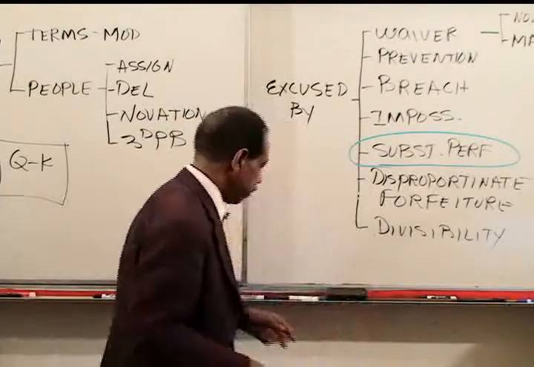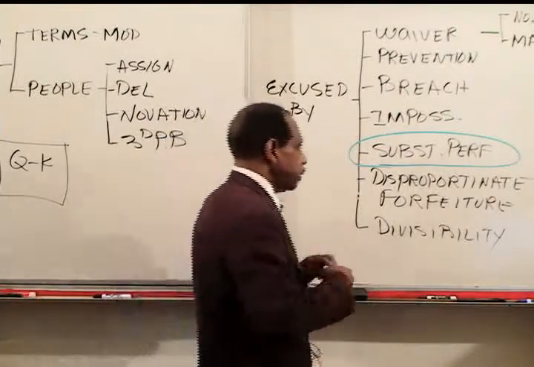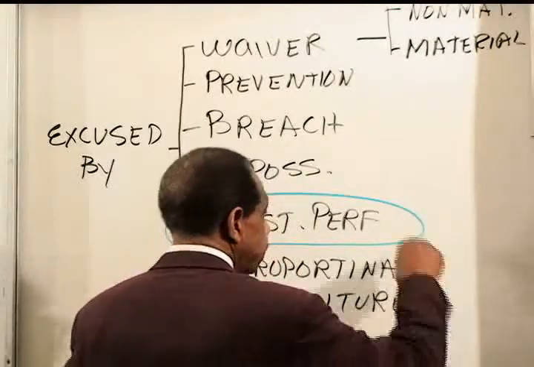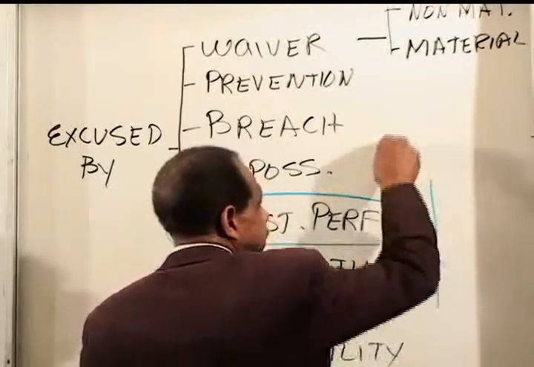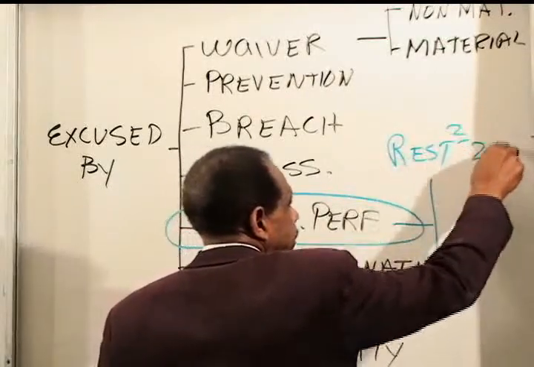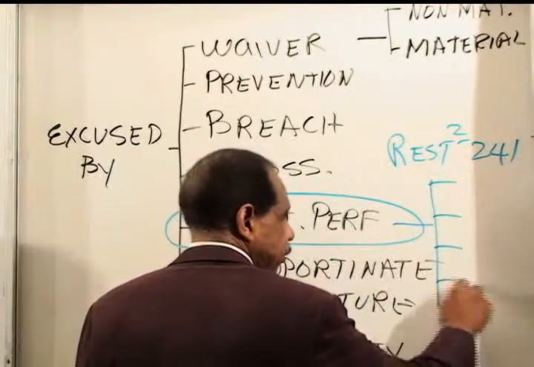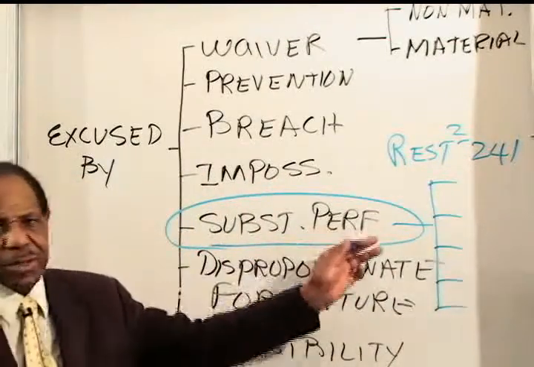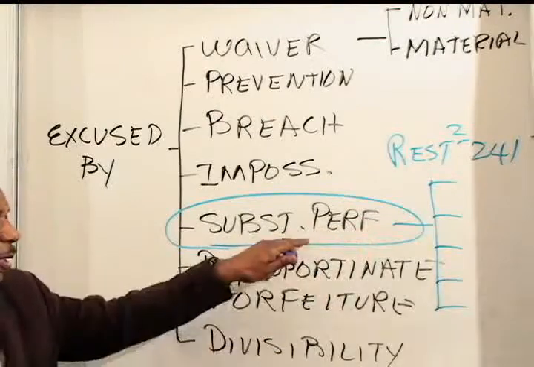Now, exactly what constitutes substantial performance is the subject matter of another lecture. If you look at the Second Restatement, section 241, you will see the 5 factors which are used to help decide whether or not someone has substantially performed. And that's on a different lecture.